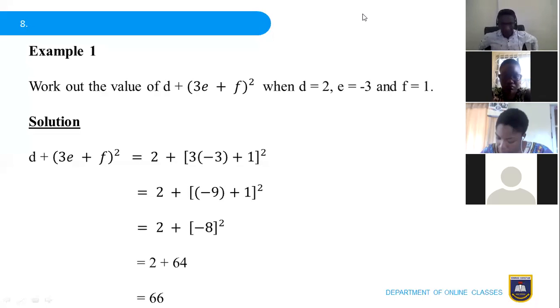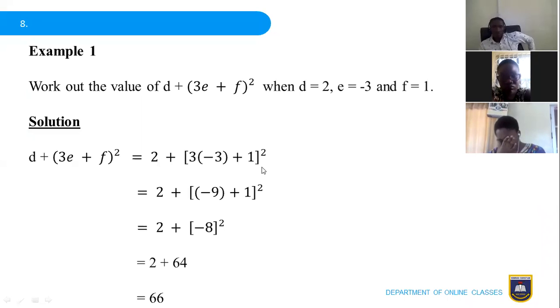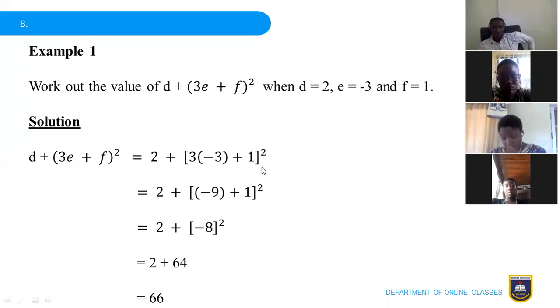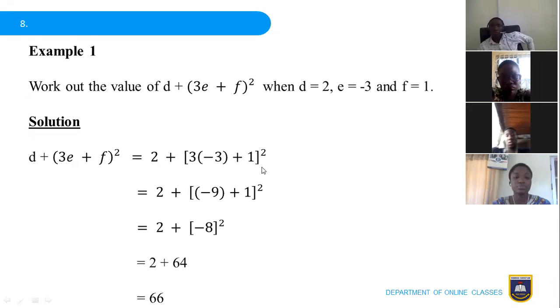Emmanuel Fumado, your hand is up. Sir, please kindly go over again. All right, I'll go over. So you were given the expression d plus the square of 3e plus f. Now, 3e plus f is in the bracket. Then whatever you get, you square your final value there. Now your d was given as 2.